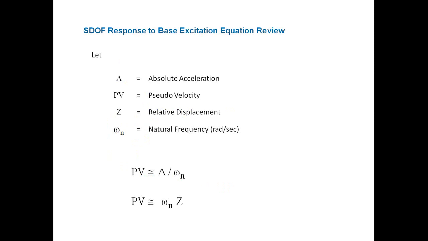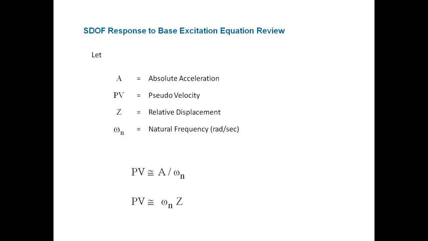So let's go ahead and look at the pseudo velocity. Just as a review, if we have the absolute acceleration A, then we have a pseudo velocity PV. C will be the relative displacement, and omega sub n will be the natural frequency in radians per second.